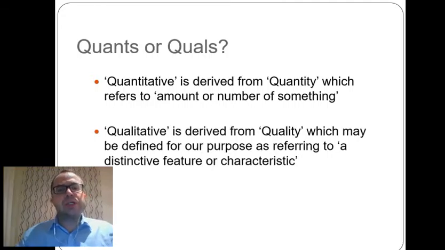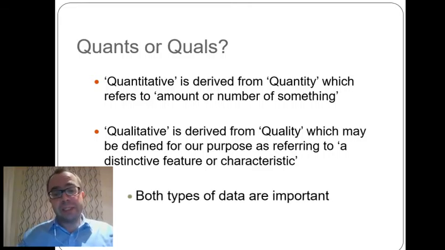Qualitative research is derived from the word quality. It should not be confused with the term quality of a product or service. It's really more about a distinctive feature, a quality or characteristic of a particular development, particular phenomena.